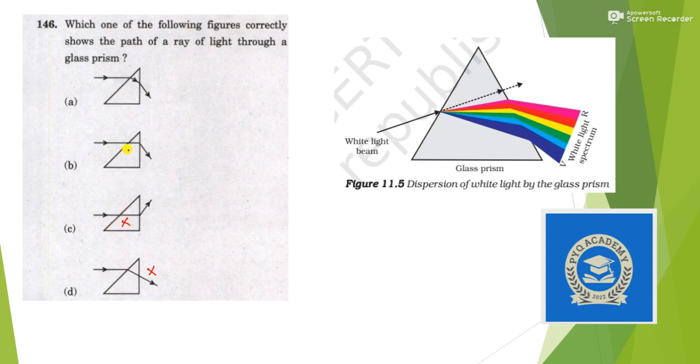Here it is also wrong, because in first refraction there is no change of direction. Here you can see that there is a little bit of deviation, and again deviation, so option A is correct. So our answer is option A. This was just an application based question, whether you are able to apply your concept or not.